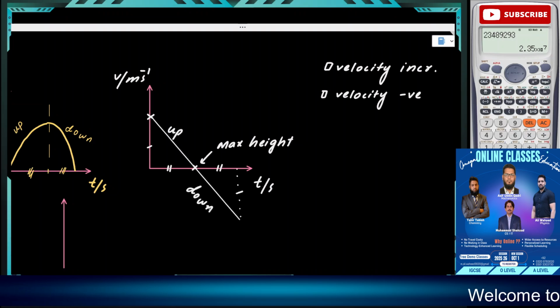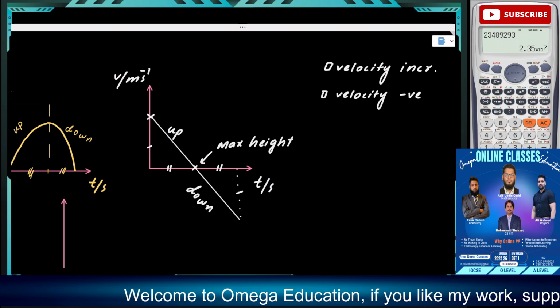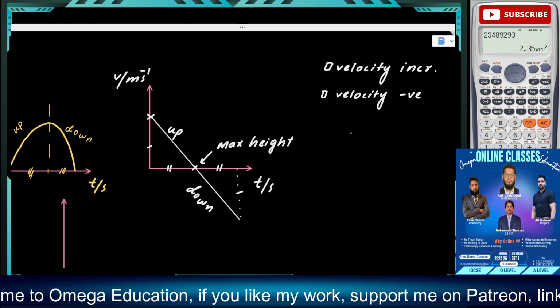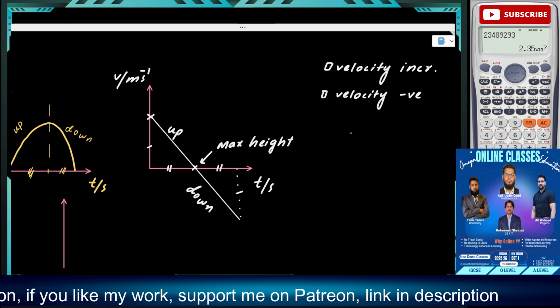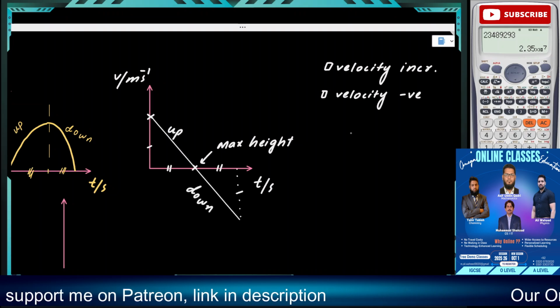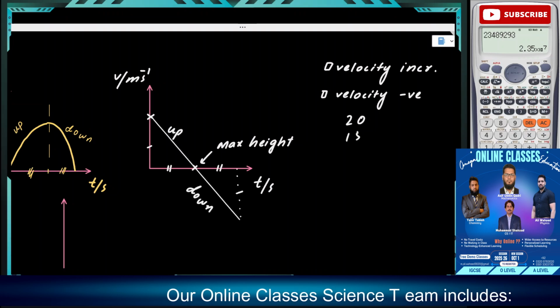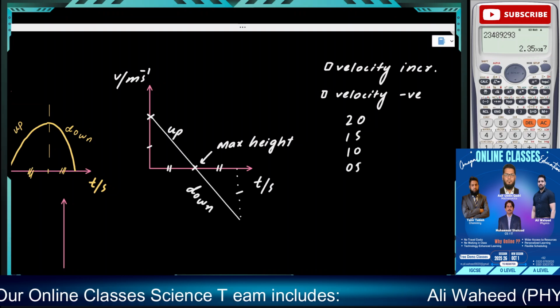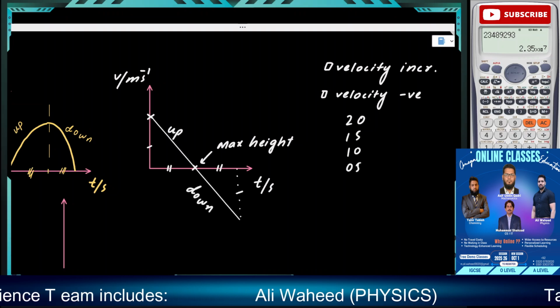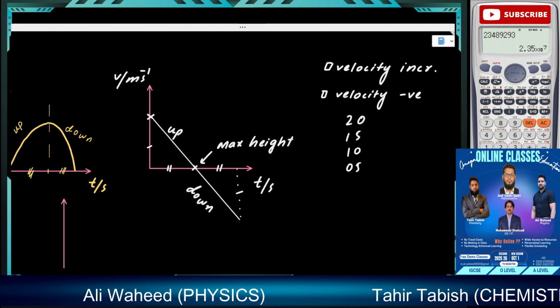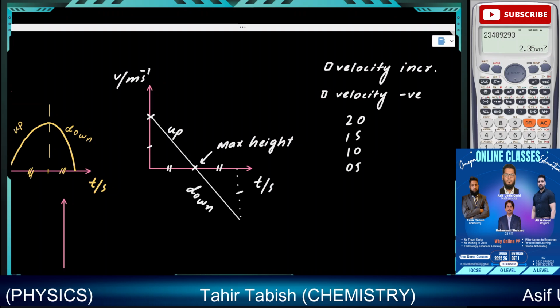So in terms of numbers, what does that look like? You threw the object upwards. Let's say initially the velocity was 20. As it goes up, the velocity decreases, let's say 15, then 10, then 5. At the maximum height, the velocity was reduced to 0. And now it falls down.